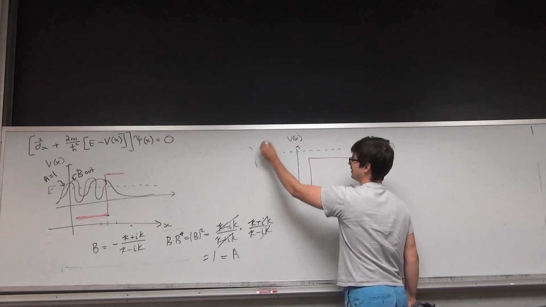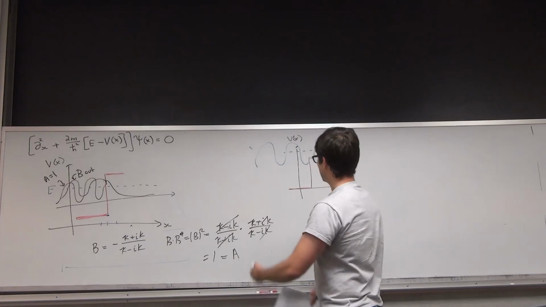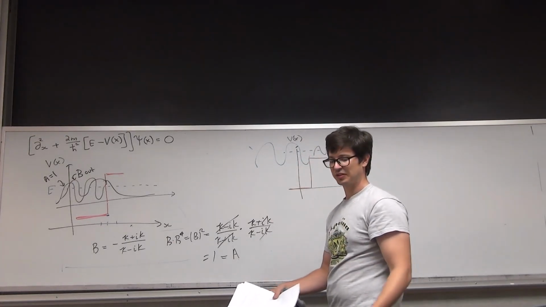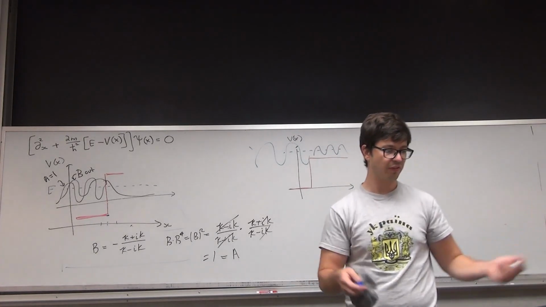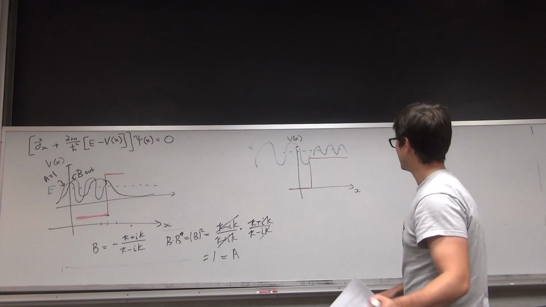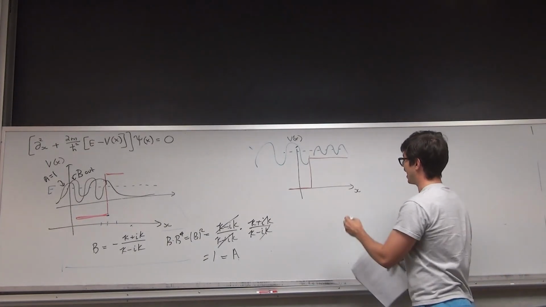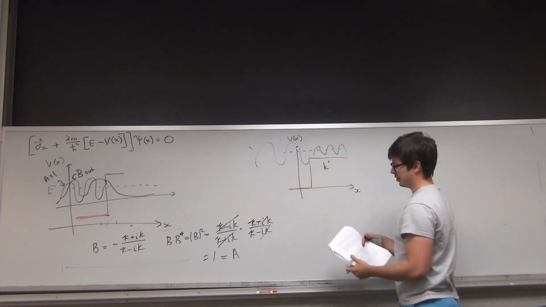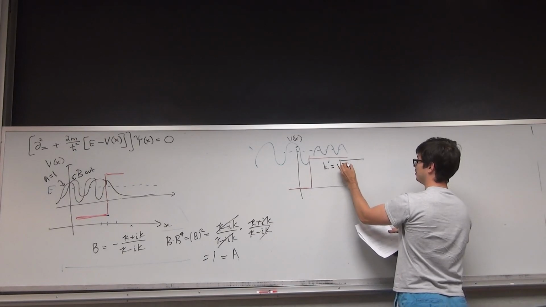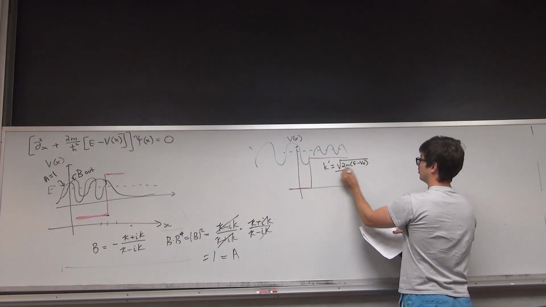We expect oscillations over here and more oscillations over there. Remember, when E is bigger than V, you get oscillations. If it's less than V, then you get exponentials. That's the rule of thumb. And so what would you get then? Well, then you have to define, instead of kappa over here, another K, which is K prime in this region 2. And this K prime is the square root of 2m (E minus V naught) over h bar.